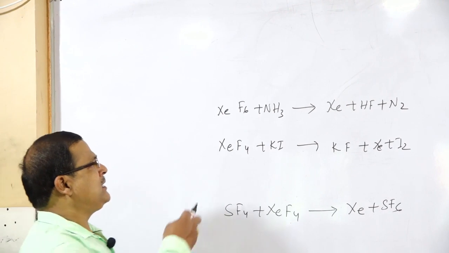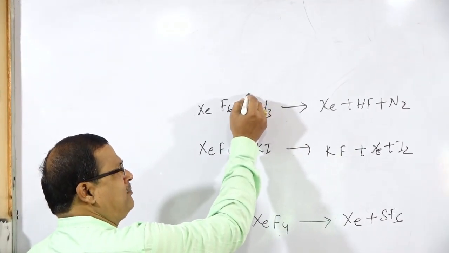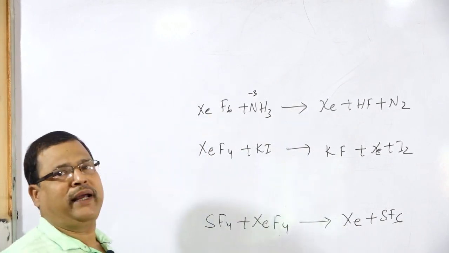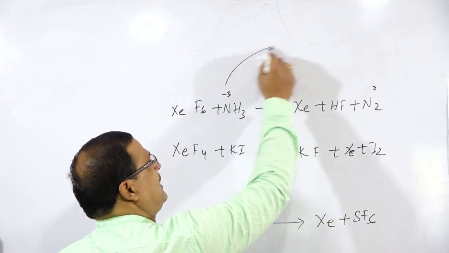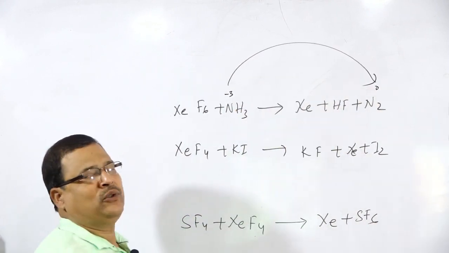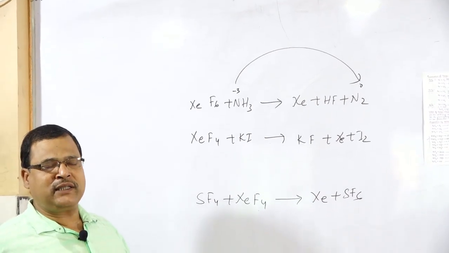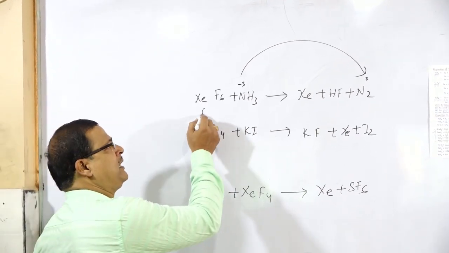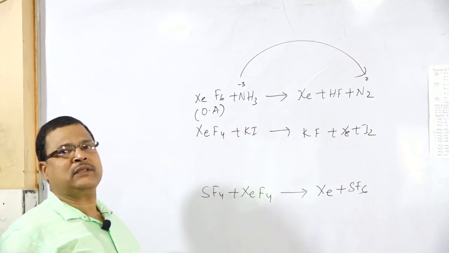For example, in ammonia, nitrogen has -3 oxidation number and in N2 it is 0. So the oxidation number changes from -3 to 0, an increase in oxidation number, that is oxidation, and xenon hexafluoride acts as the oxidizing agent.